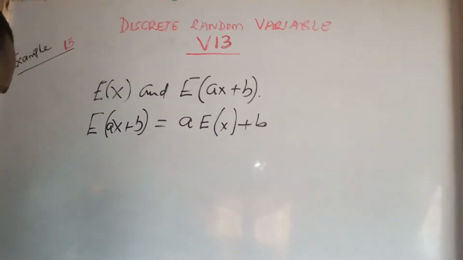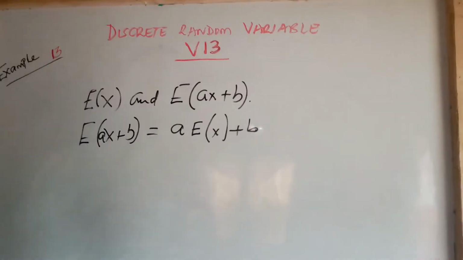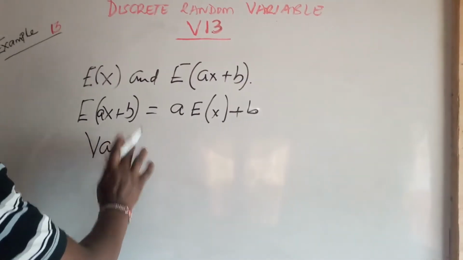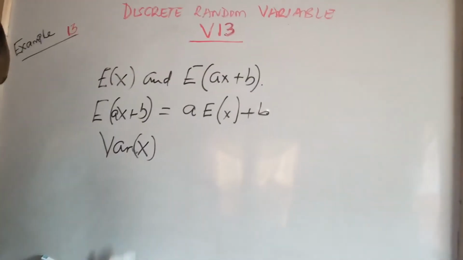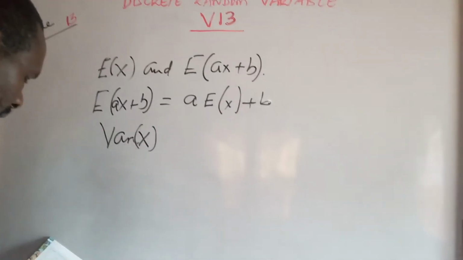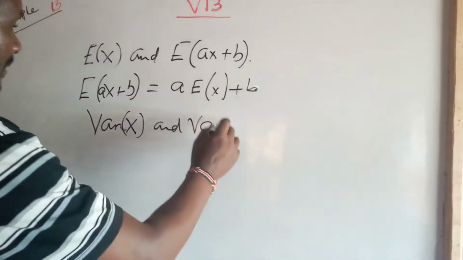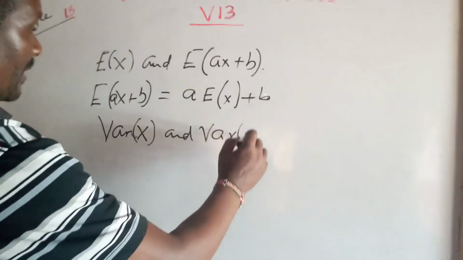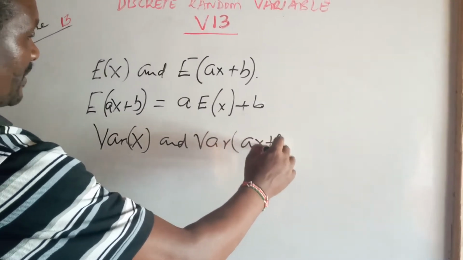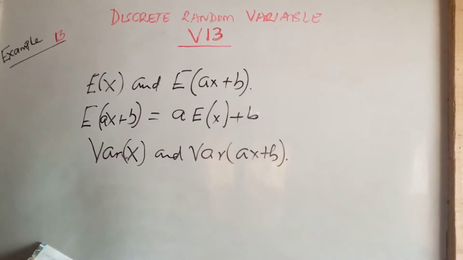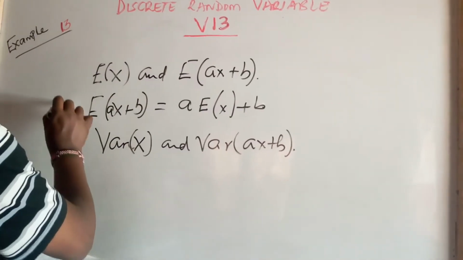In the same way, the variance of x and the variance of ax plus b are related by the rule that is how they relate.